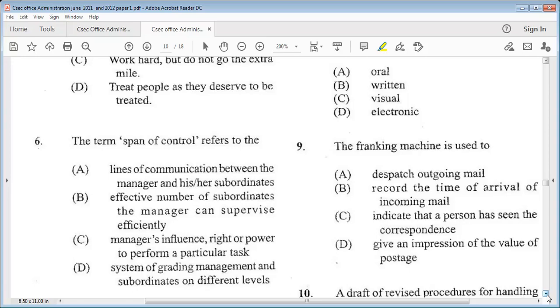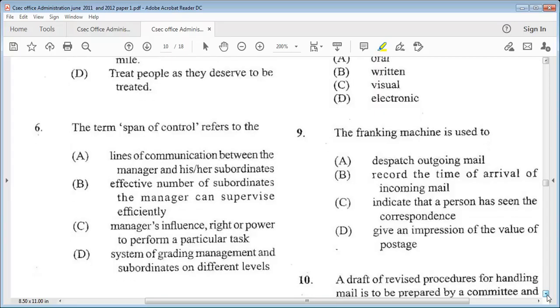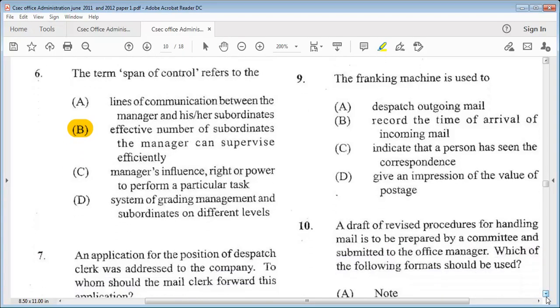Or D. System of grading management and subordinates on different levels. What would be your answer? Our answer is B. Span of control refers to the effective number of subordinates the manager can supervise efficiently. Let's go on to question number 7.